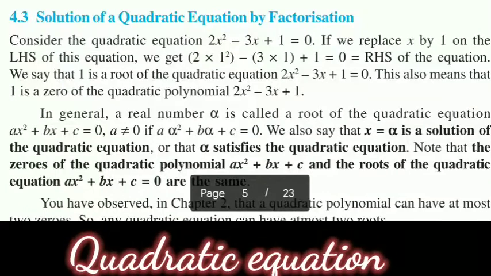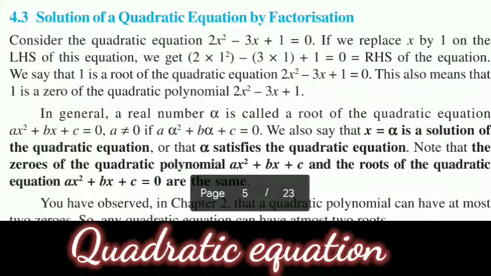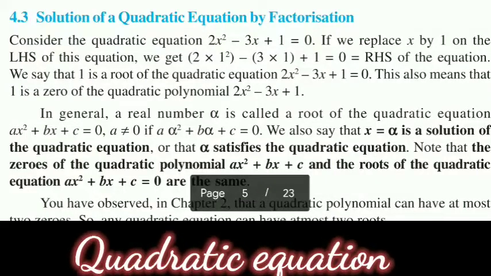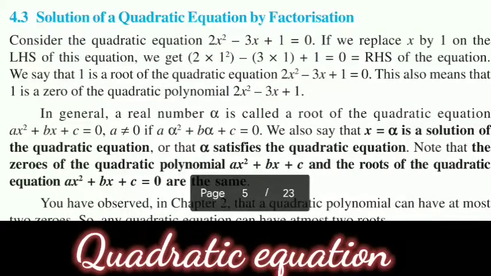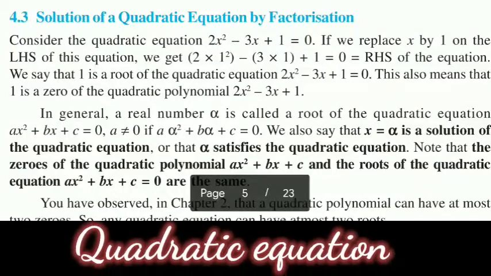So just see the NCERT again. Consider the quadratic equation 2x square minus 3x plus 1 is equal to 0. If we replace x by 1 on the LHS of this equation, it means in place of x we are putting 1.